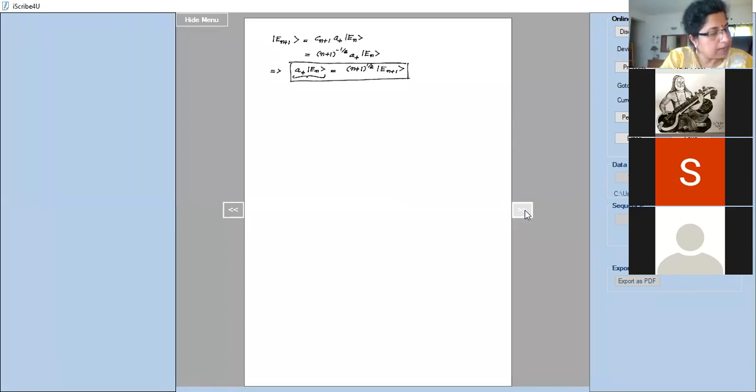So both these things are extremely important. This also is extremely important. You need to remember both of these. One follows from the other, so it's not a problem.